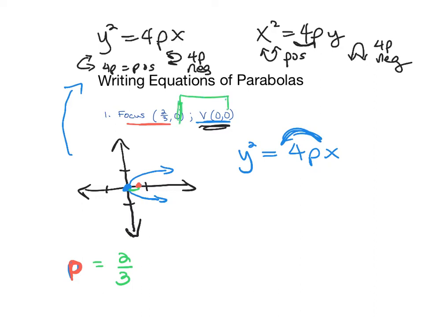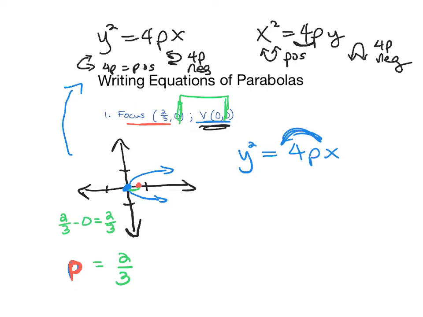See how these are the same? So I could look between my focus and my vertex, and the two numbers that are different, I could subtract them. So I could do 2/3 minus 0, and that's how I could also get my p-value. But I can just count the spaces. So my p-value is 2/3.